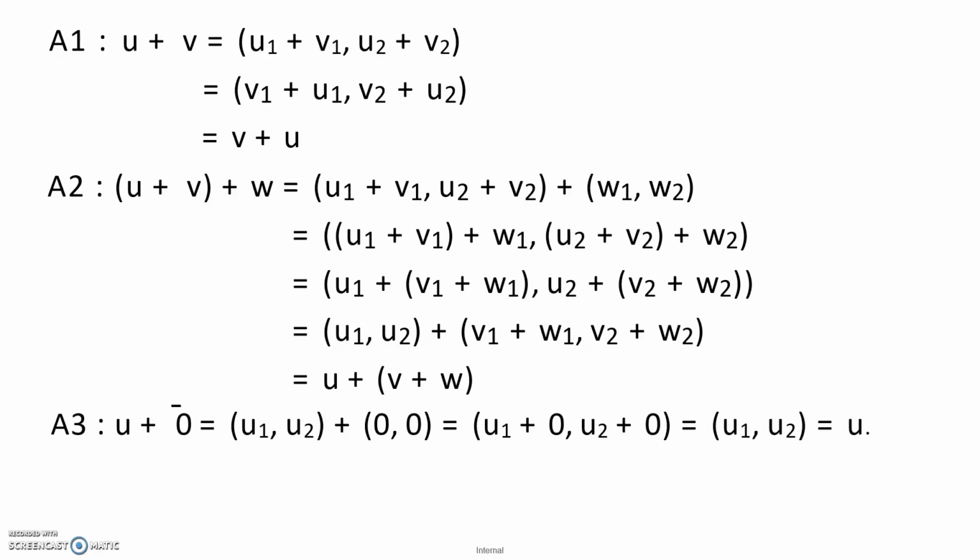A3, u plus 0 bar, which is equal to u1, u2 plus 0, 0 is equal to u1 plus 0, comma u2 plus 0, and which is equal to u1 comma u2 means u. That is, A3 also holds. Means 0 bar is equal to 0, 0 belongs to R square is a zero vector.